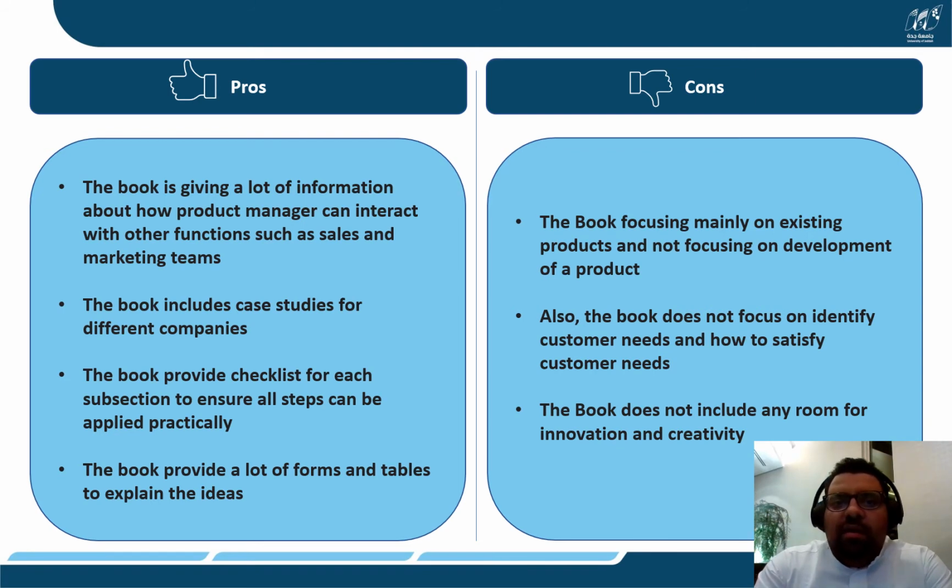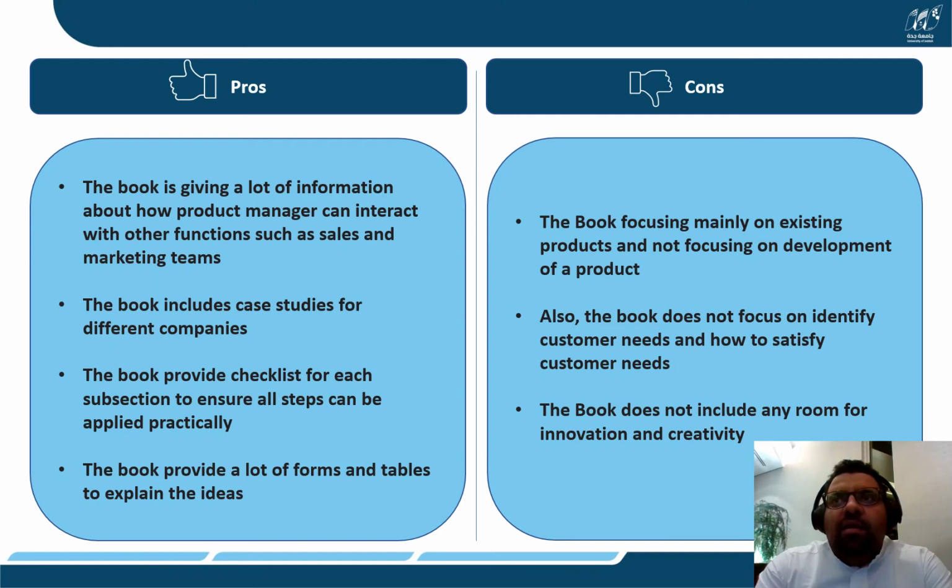I like this book because the book is giving a lot of information about how a product manager can interact with other functions such as sales and marketing teams, and also development and manufacturing teams.